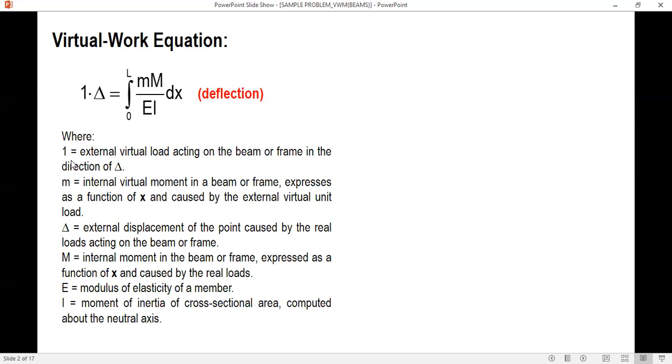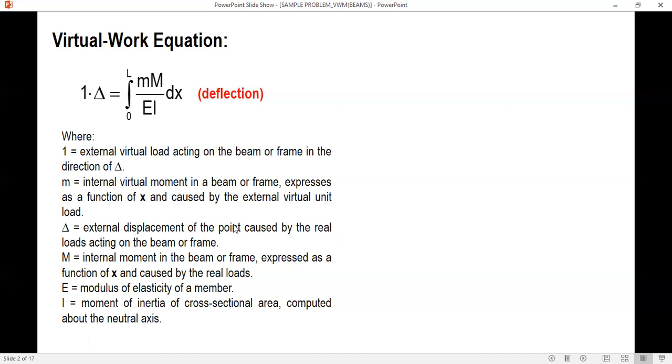So 1 is the external virtual load acting on the beam or frame in the direction of delta. So if you assume that the displacement is downward, then the load must be downward also. Small m is the internal virtual moment in a beam or frame. It is expressed as a function of x and caused by the external virtual unit load.